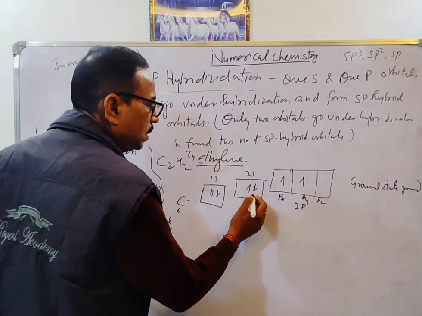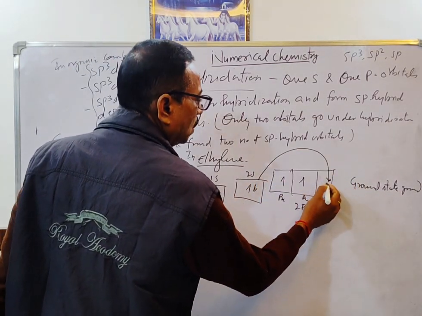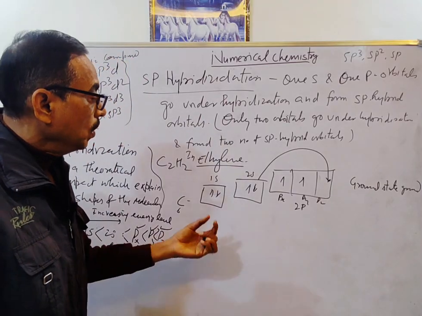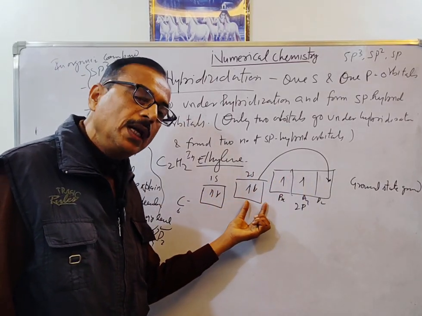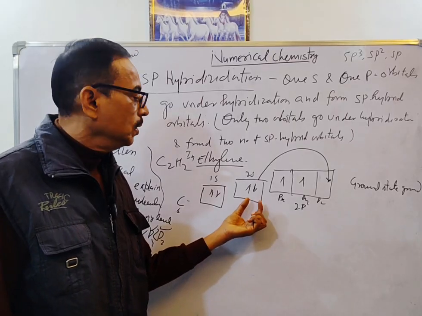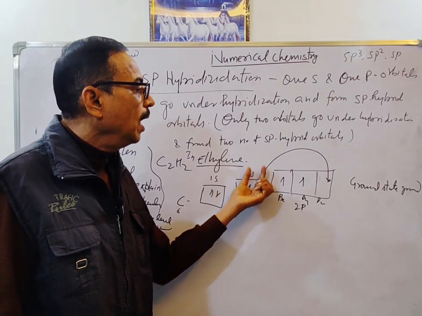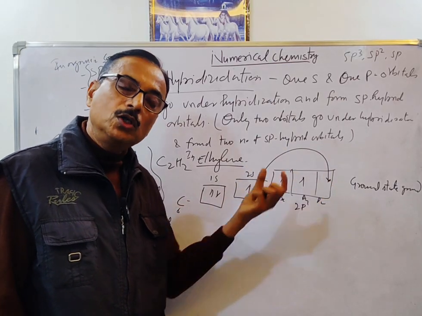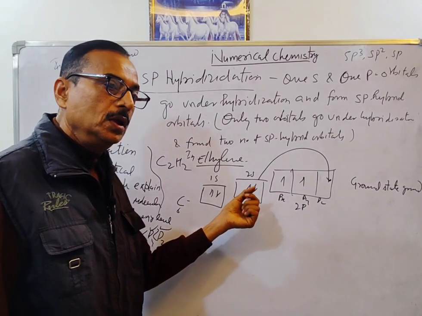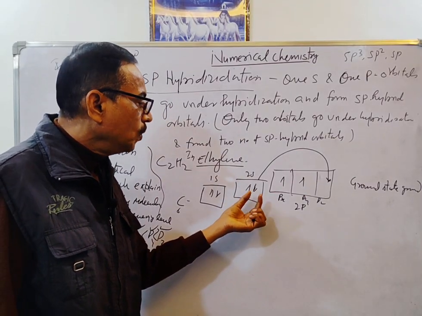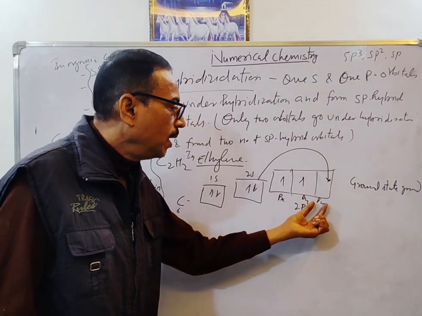So this energy is low, so this electron moves here. How does it move? It absorbs the energy and moves to higher energy. How much energy does it absorb? It absorbs energy equal to the difference between 2p and 2s.